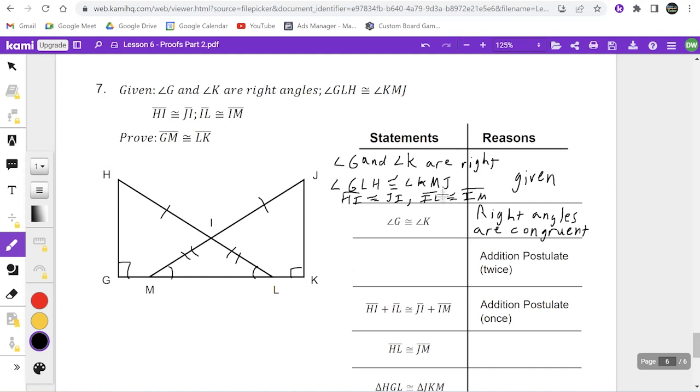Well, I would say that HL, the entire thing, is congruent to HI plus IL. And again, that's because of the addition postulate. And then we're just going to do the same thing for the other diagonal. JM is congruent to IM plus JI. And again, that's the addition postulate.